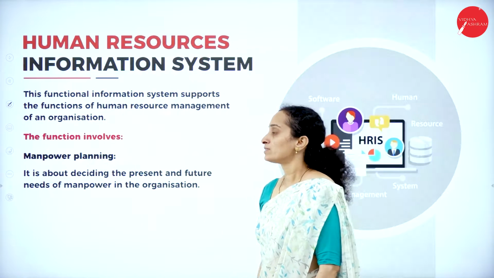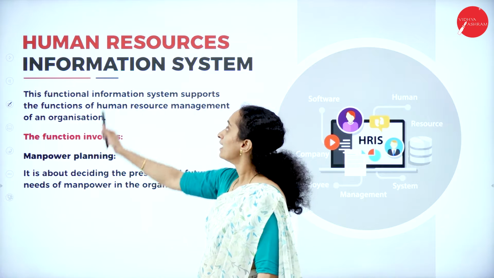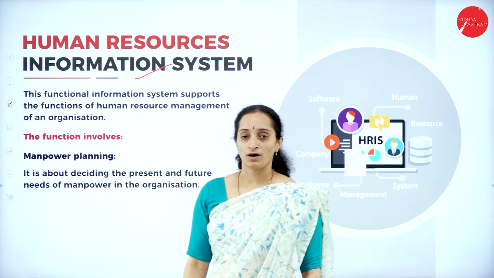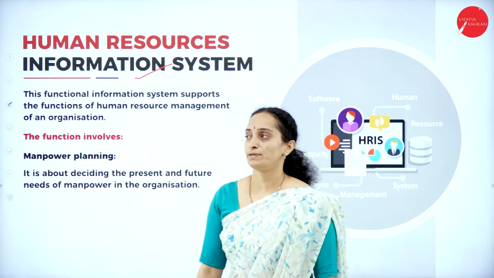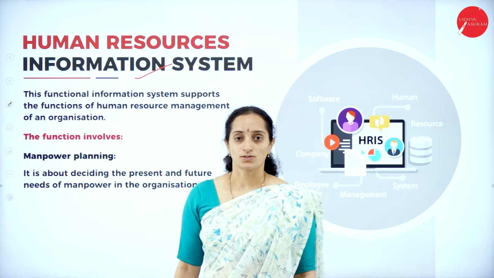All right. So the next information system that we are going to study is the Human Resource Information System, or HR information system. So this is all about the human resource.